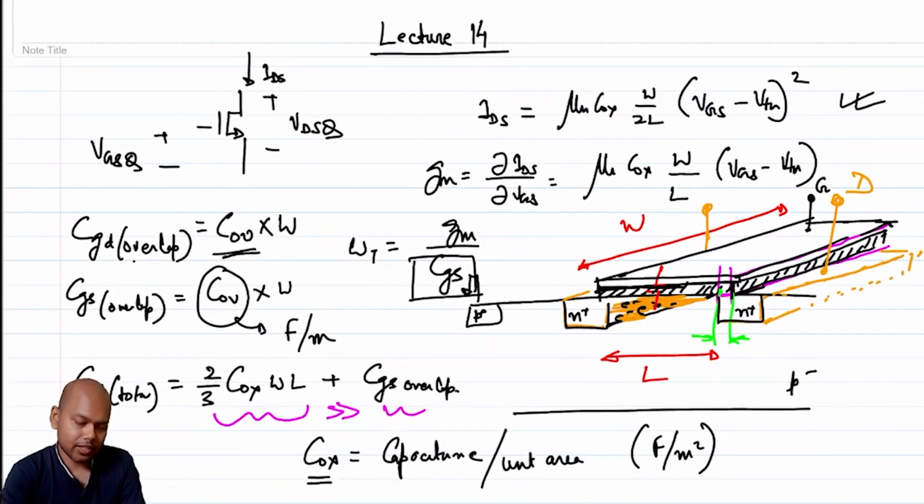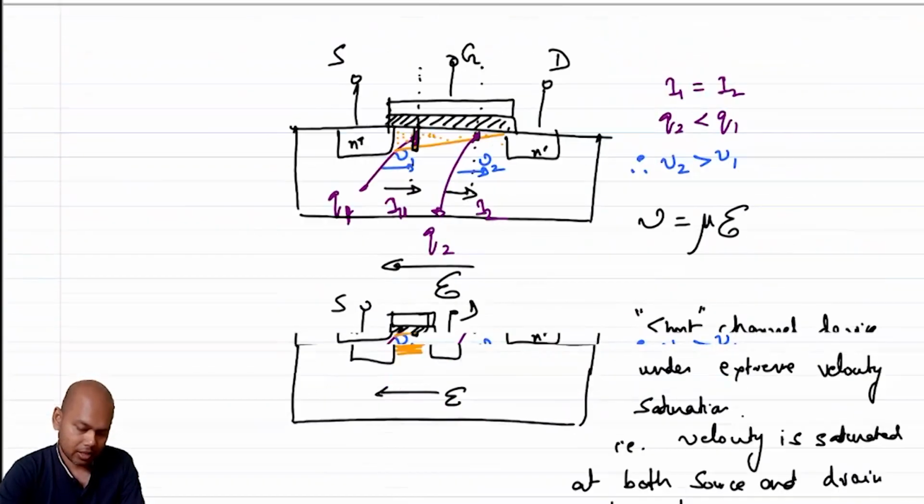In a long channel device, you see that there is a quadratic relationship with respect to the overdrive, and an inverse relationship with respect to the length of the device.